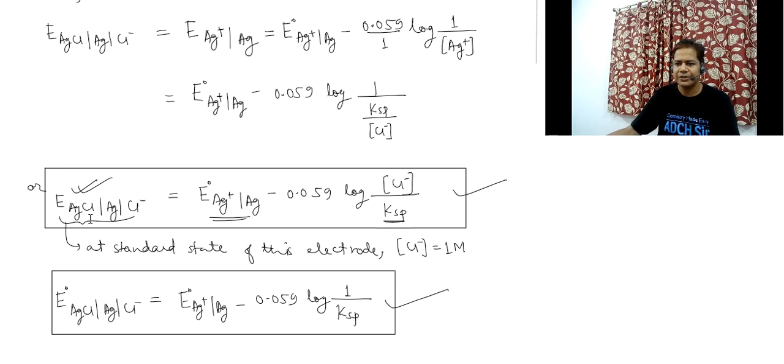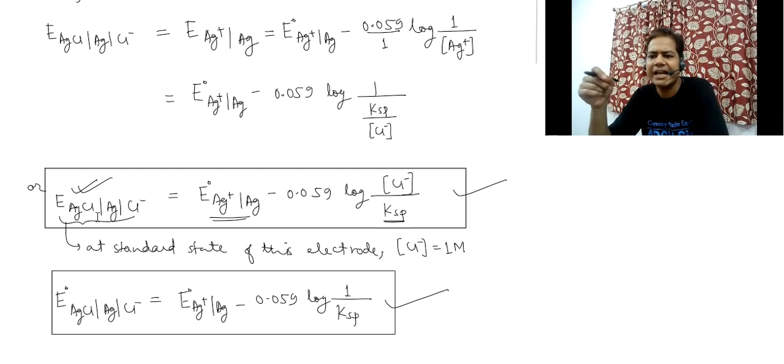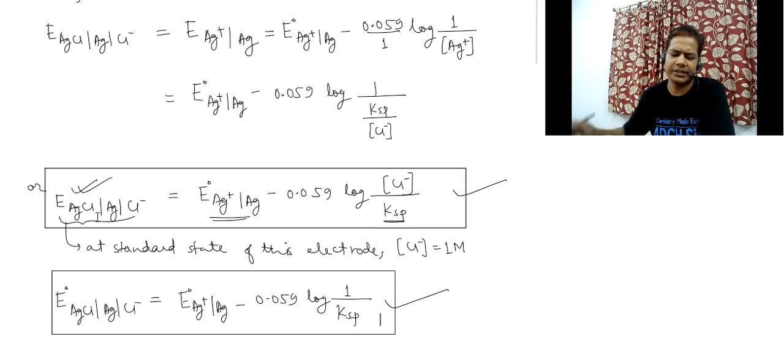Okay. Now let us do one more example, and let us try and derive a similar expression for another metal-metal insoluble salt electrode, but with a slightly different formula. The equations will not remain the same for every metal and metal insoluble salt electrode. It will be dependent on the formula of the salt also, because Ksp depends on the formula of the salt.